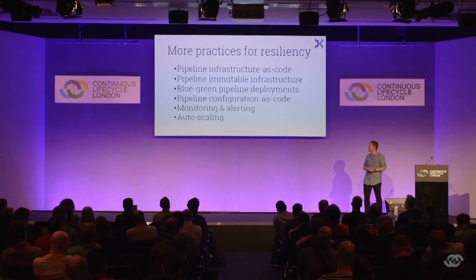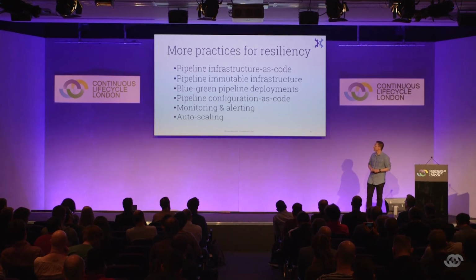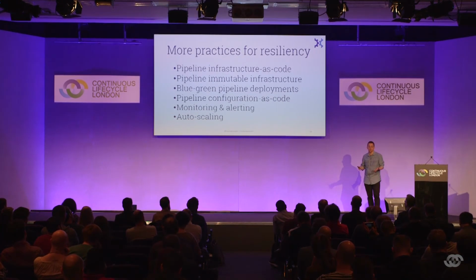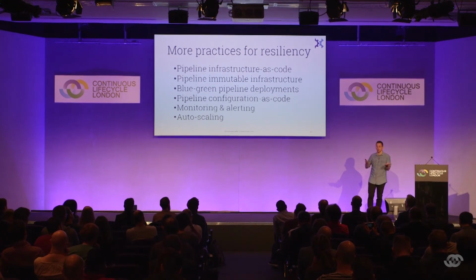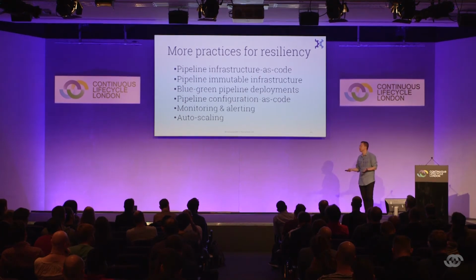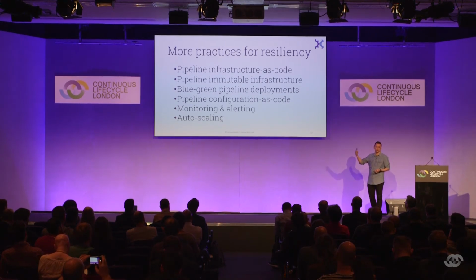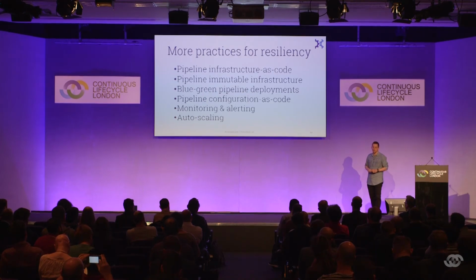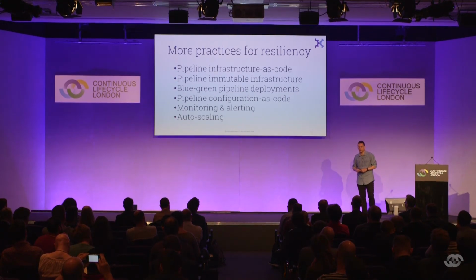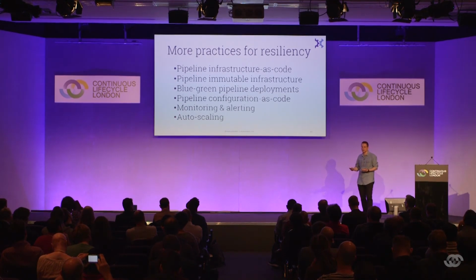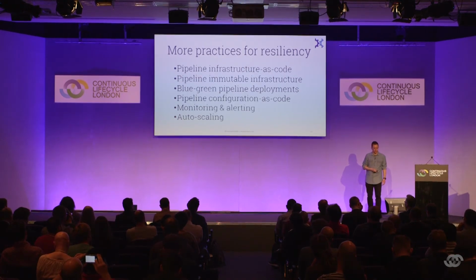So kind of blue-green deployments. And obviously monitoring and alerting on issues on our pipeline, on our delivery system, just as we do with production. And finally, auto-scaling if you can, to make sure that if there's a lot of high load of builds and pipeline runs, it doesn't slow down considerably.